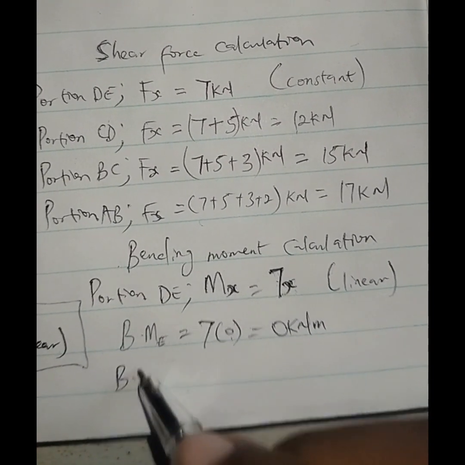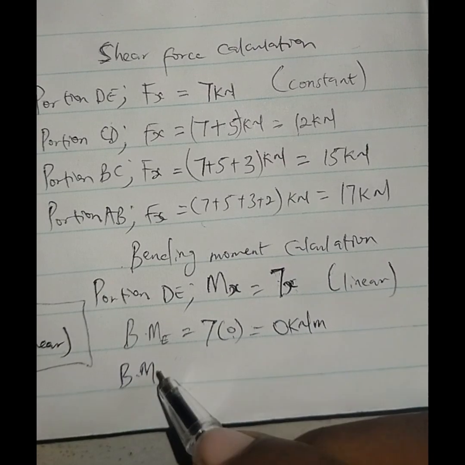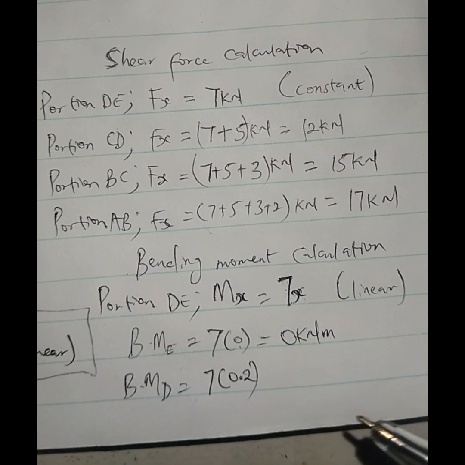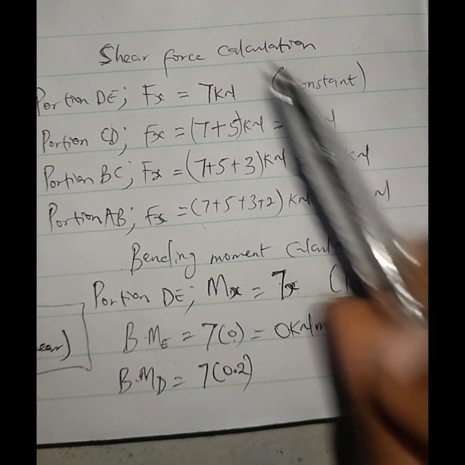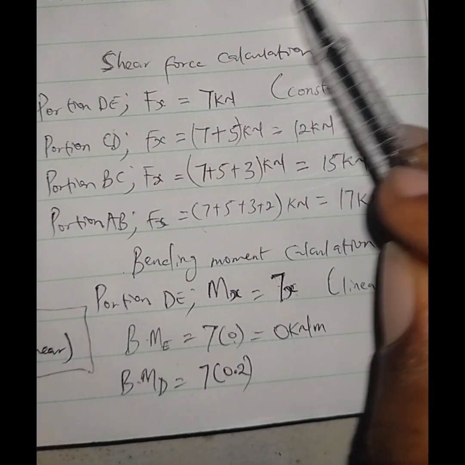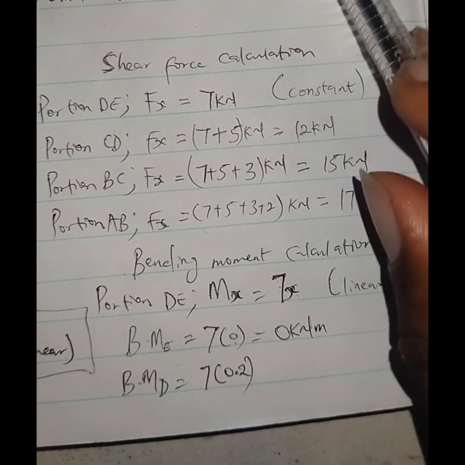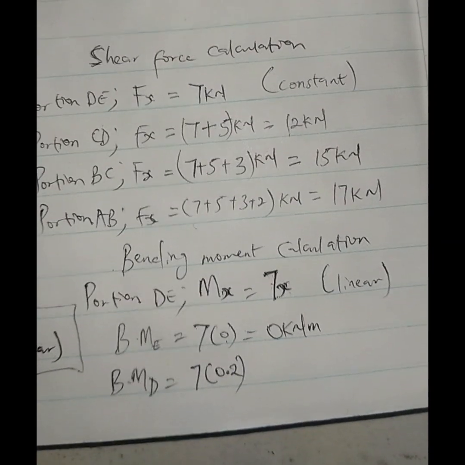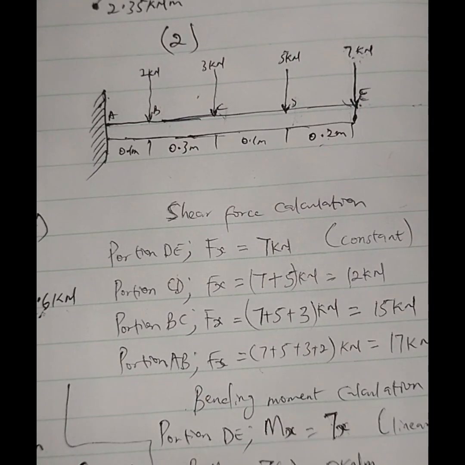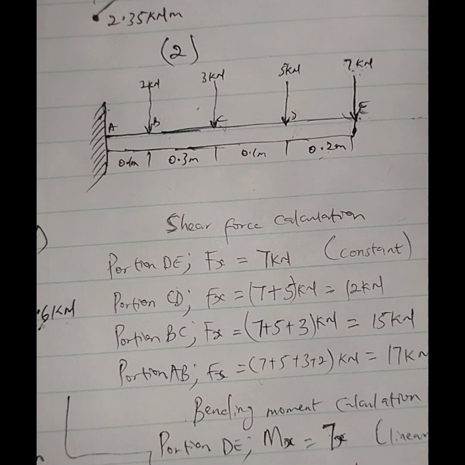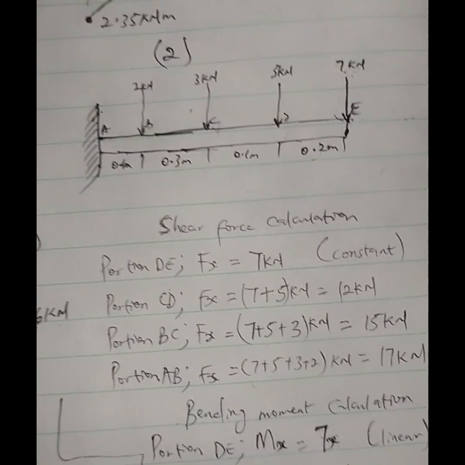Then your bending moment at D, 7 times 0.2. So now, how is it 0.2? You can see that from D, it has moved a distance of 0.2. So that's why we do 7 times this distance moved. And that is 1.4 kilonewton meter.